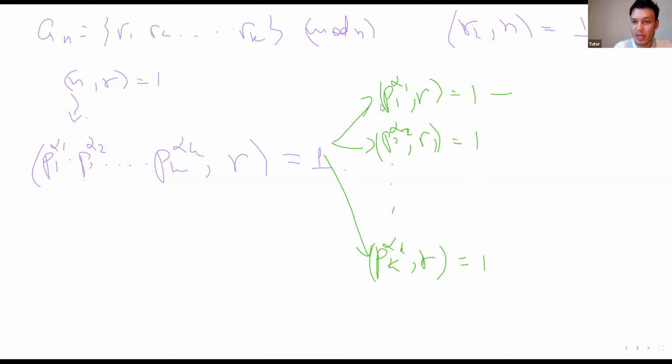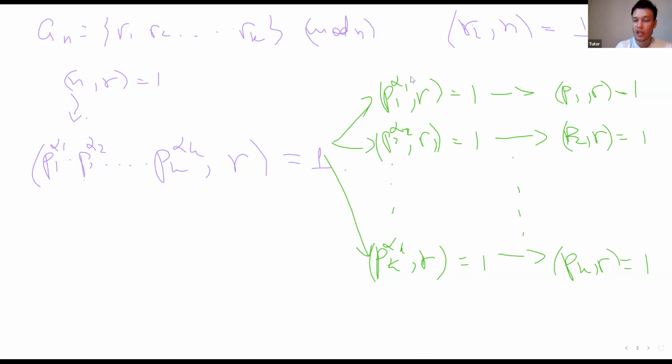So p1 and r need to be good, p2 and r need to be good, all the way until pk and r. So this r is going to be good to n if and only if r is good to all the primes inside of n.